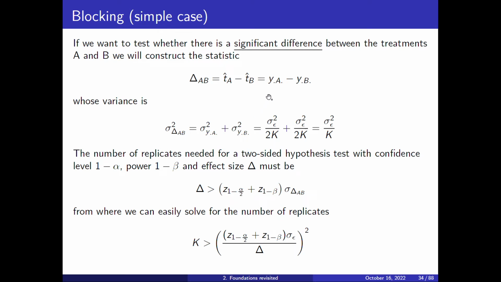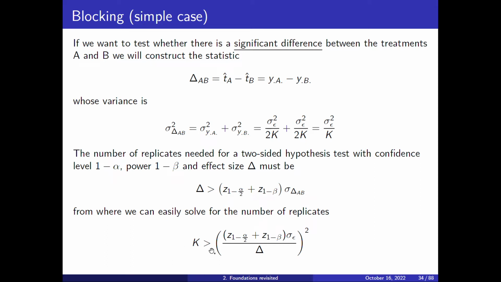So the number of replicates that you need to test, to make a two-sided hypothesis test to see if there are differences between A and B, is given by this sample size calculation that we already know how to do, and you are referred to the course on sample size for making this calculation.